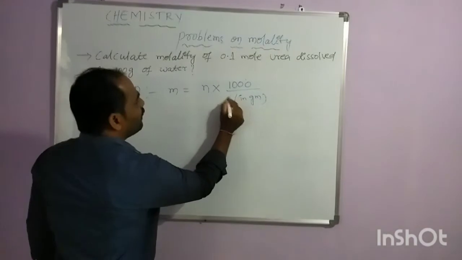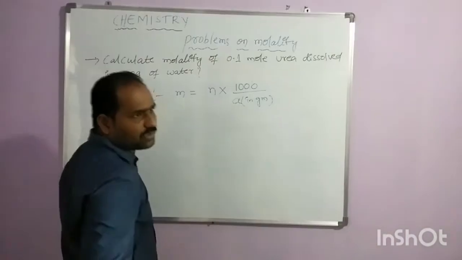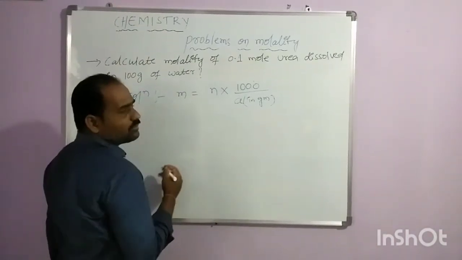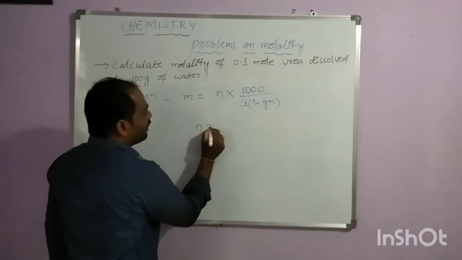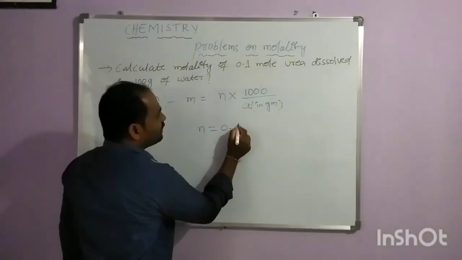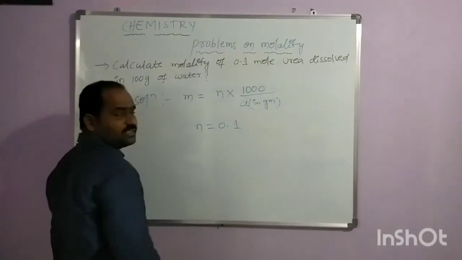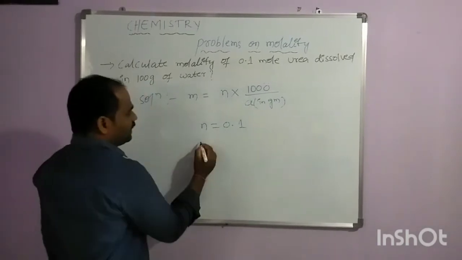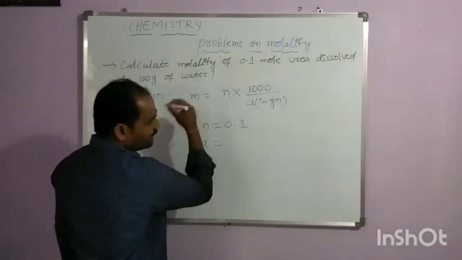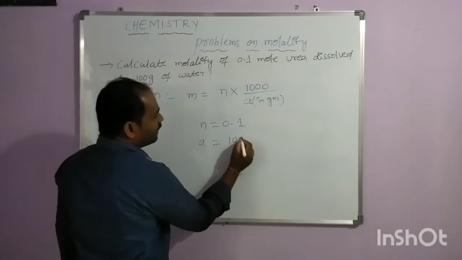Here n is the number of moles of the solute. In the given problem, the solute is urea. The number of moles of urea present in the given solvent is 0.1. The weight of the solvent water given in the problem is 100 grams.